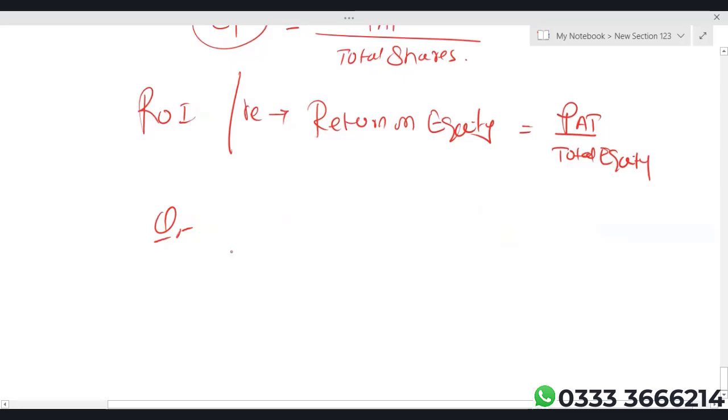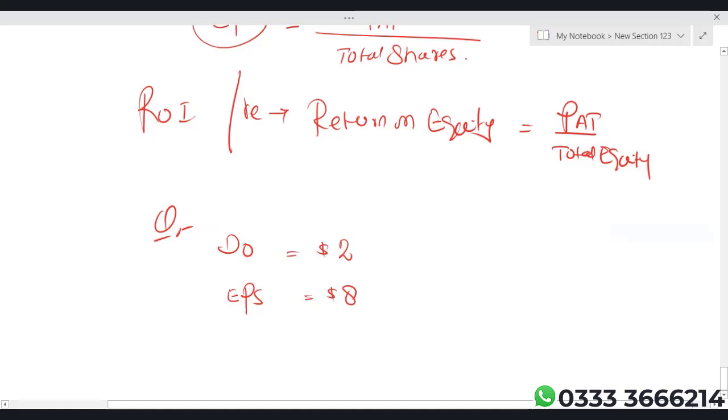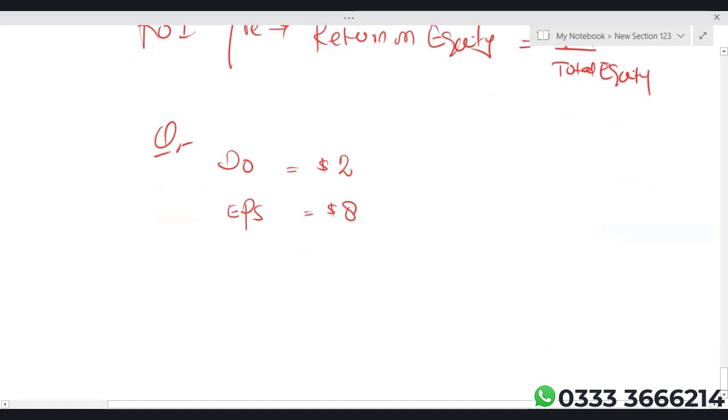Okay. Let's say D naught is $2. EPS is $8. Current share price is $40.